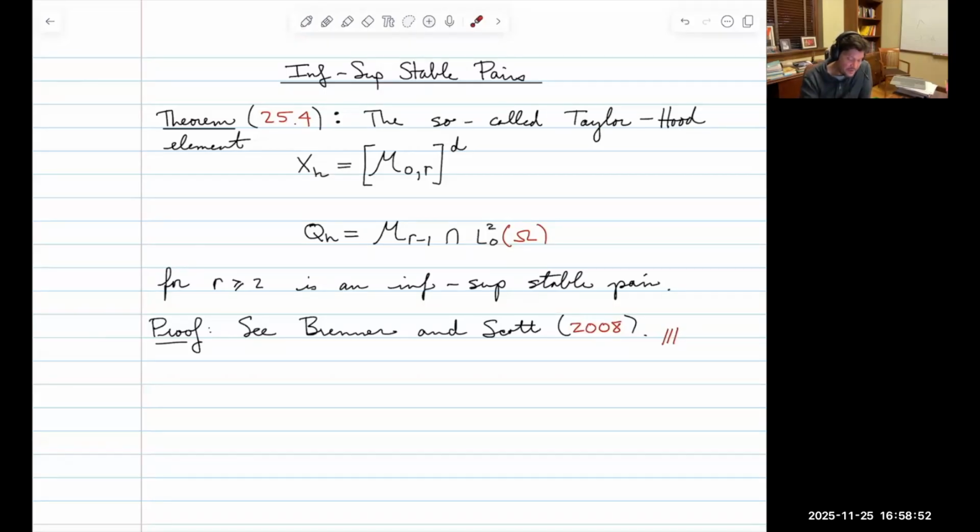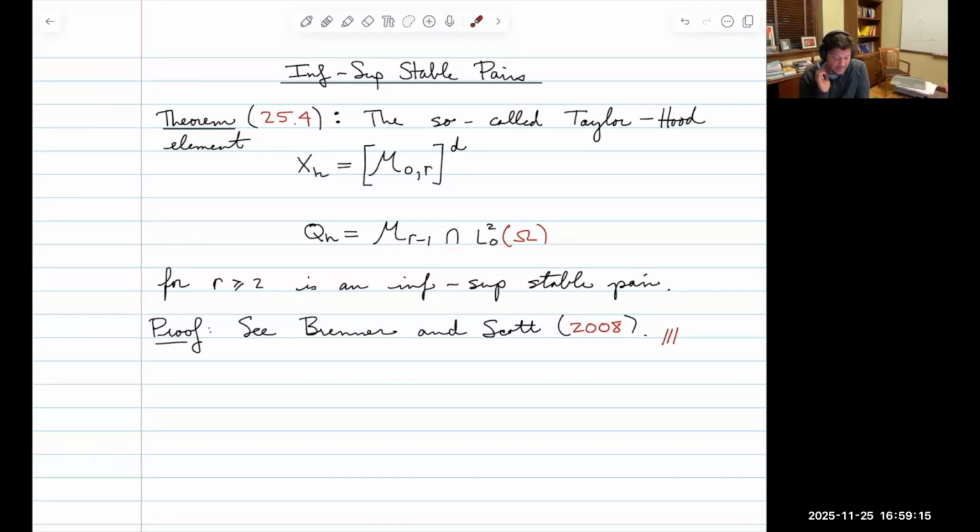Okay, and so all this means is you're going to take polynomials of degree R minus 1, or I should say globally continuous piecewise polynomials of degree R minus 1, but we're going to get rid of any of the functions that aren't mean zero from that space. Does that leave any functions left? The answer is yes.